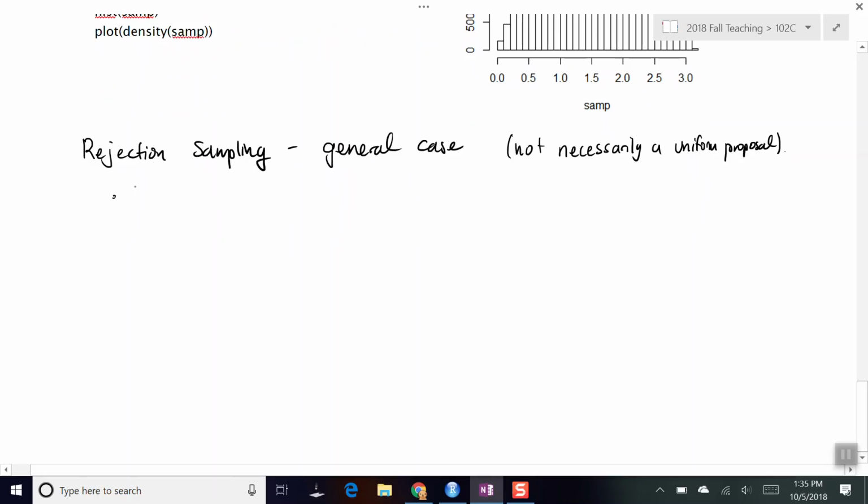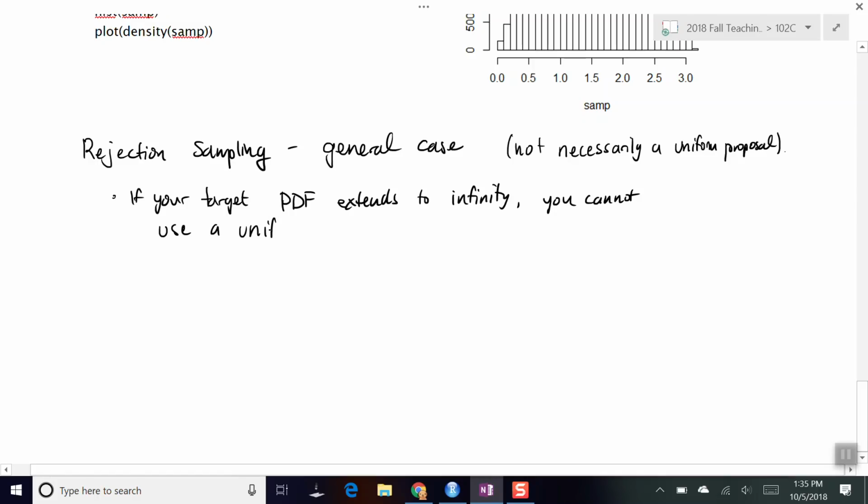So if your target PDF extends to infinity, you cannot use a uniform proposal, because then g of x would be equal to 1 over infinity or something. Just won't work.